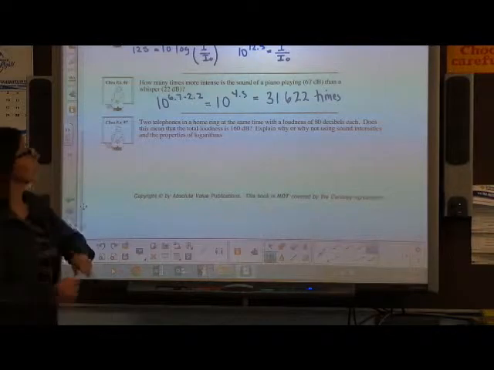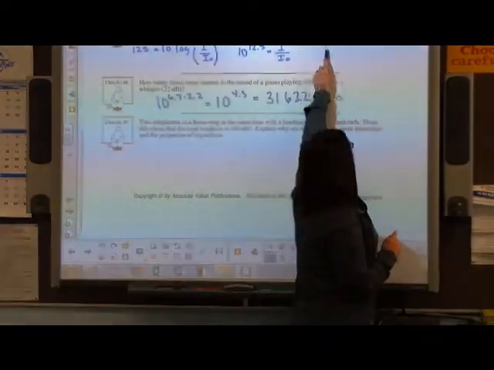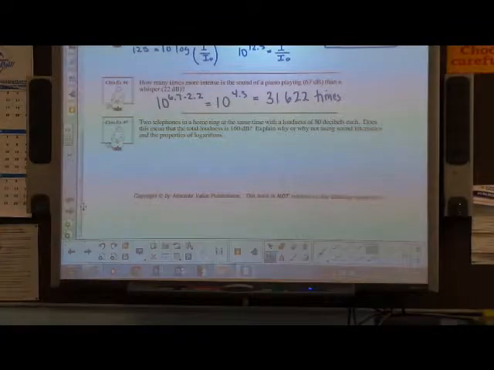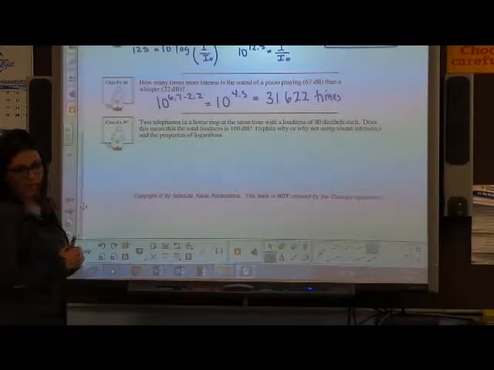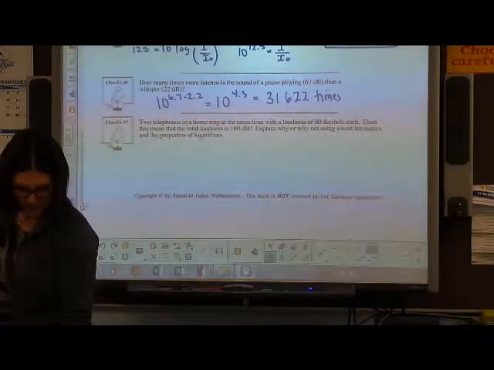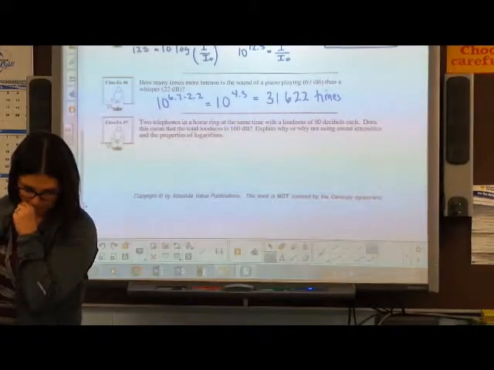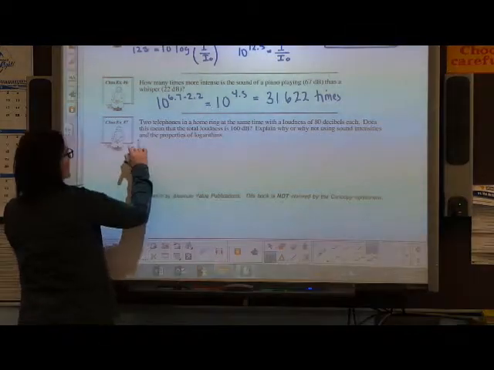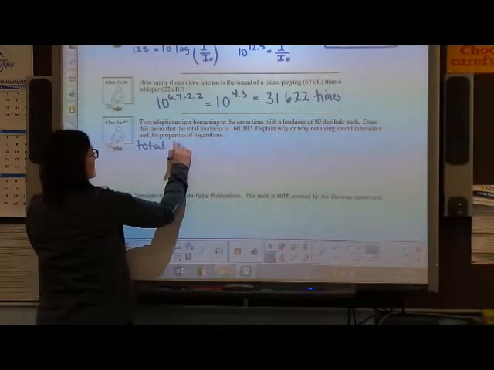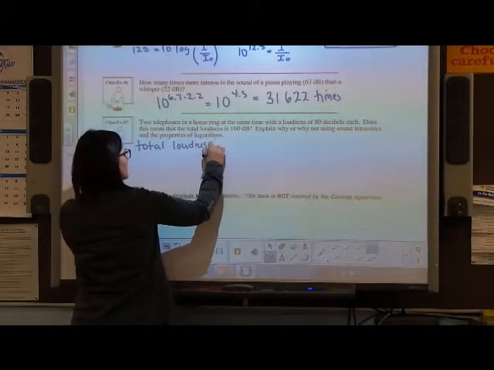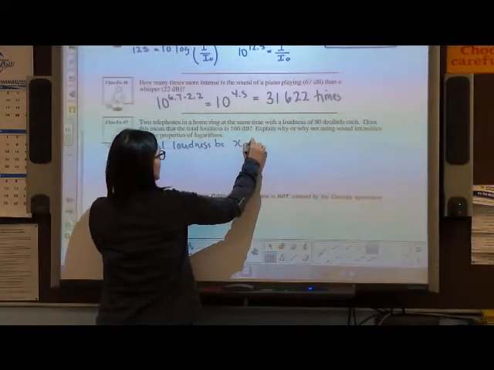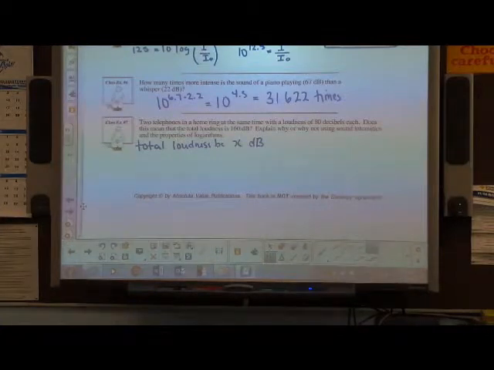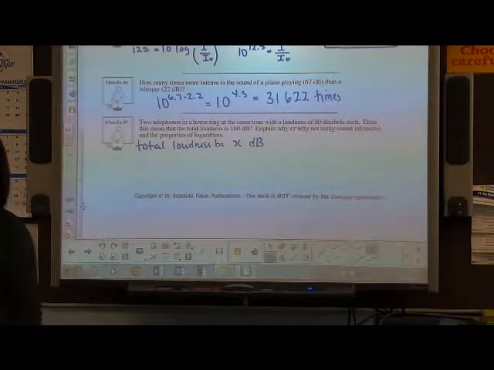So if we look at what we did up here, this was kind of my formula for sound intensity. I am trying to show that, let's see, if I let the total loudness be X decibels, or I guess maybe X bels might be better.